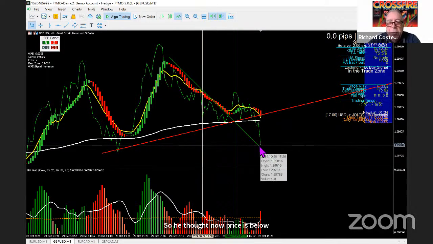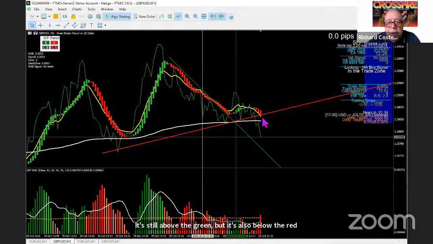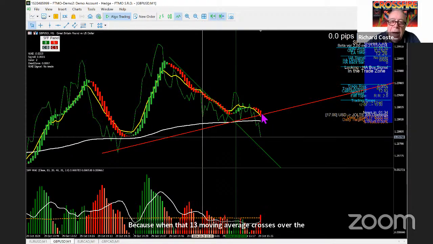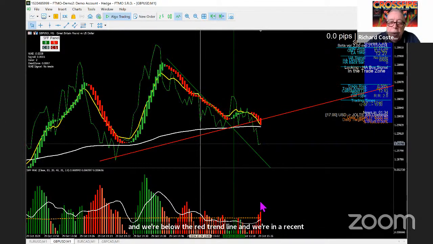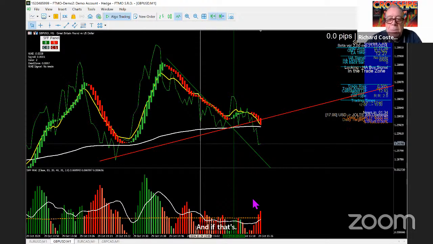It's still above the green, but it's also below the red. And we're waiting for this crossover here, so there may be something about to happen, because when that 30 moving average crosses over the 200 moving average, and we're below the red trend line, and we're in a recent change from wave up to wave down, we've just got to look at the water atta, and if that's telling me to get in, the trading assistant will automatically get me in.